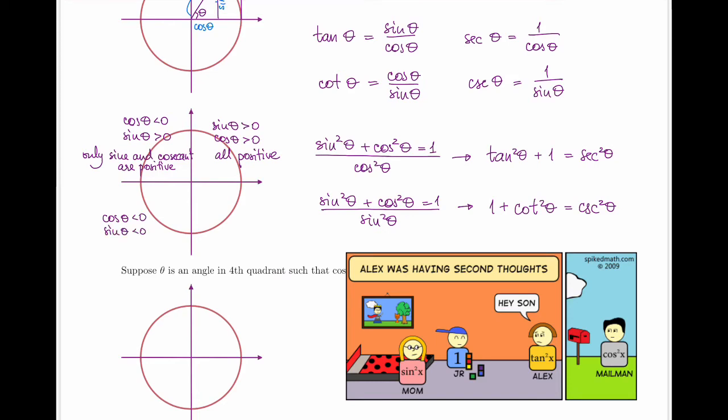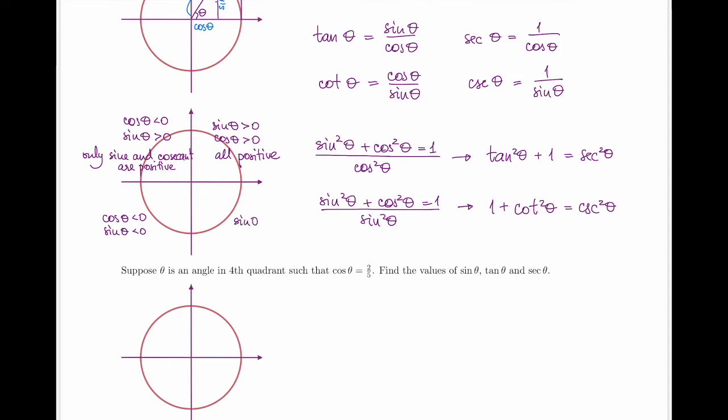And in the fourth one, sine, of course, being the y-coordinate, is still negative, and the cosine is positive, which will give us that in the third quadrant, tangent and cotangent are positive. And, pardon, in the last quadrant, only secant and cosine are positive. So kind of the exact opposite situation to the second quadrant. Cosine and secant are positive.